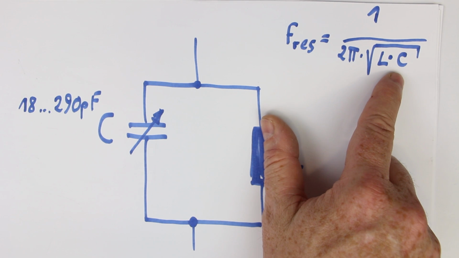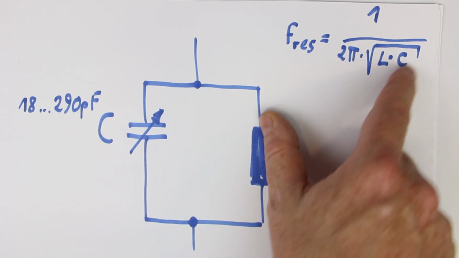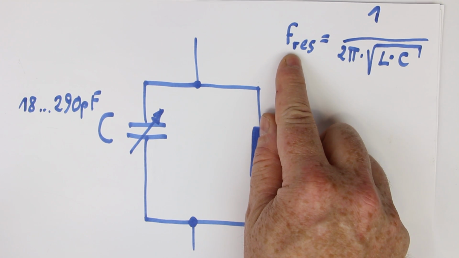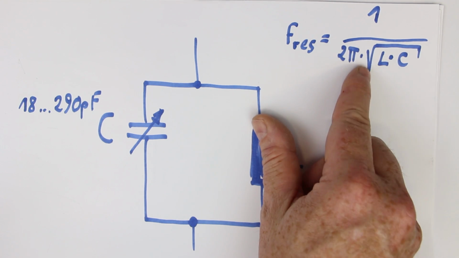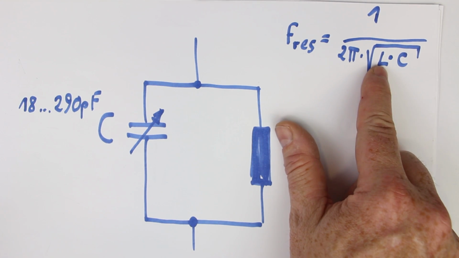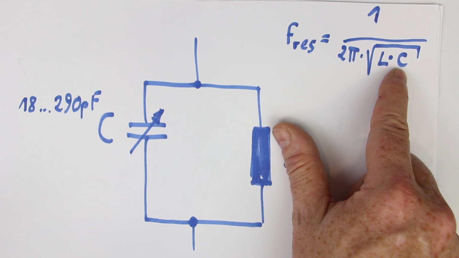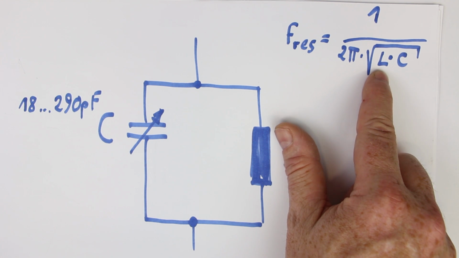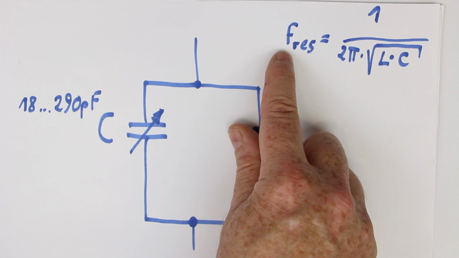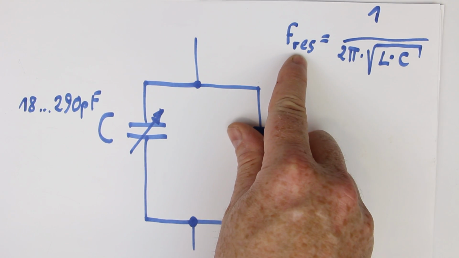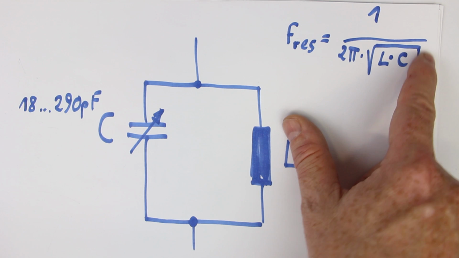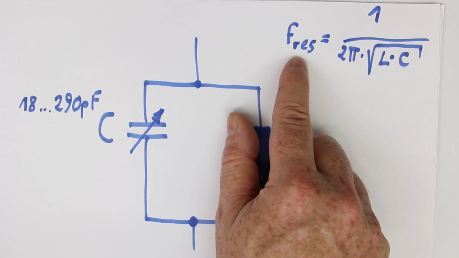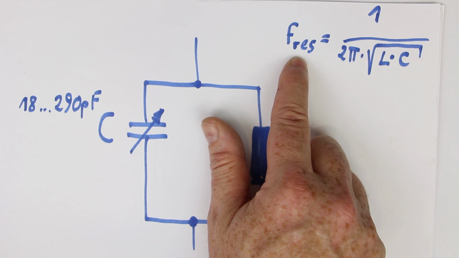Now, what consequence does this have? Just in a moment. The second important thing is that the resonant frequency changes only with the square root of L or C, or the product of L and C. That means if you quadruple the value of L, you only get half the resonant frequency, and if you quadruple the value of C, your resonant frequency also only changes by a factor of 2.